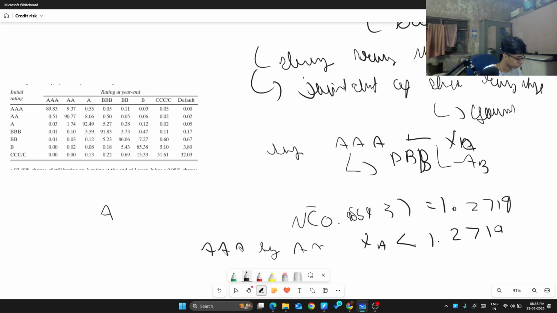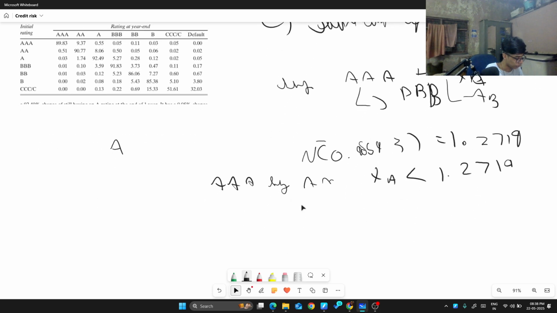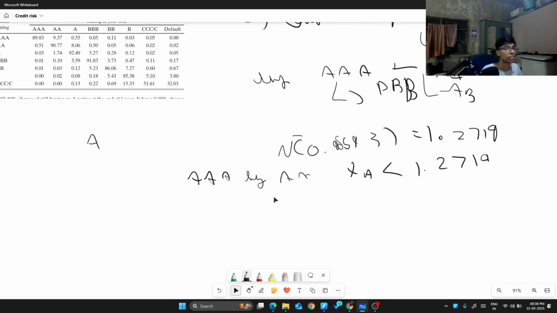If it is between this, then it stays AA if the value satisfies this condition.